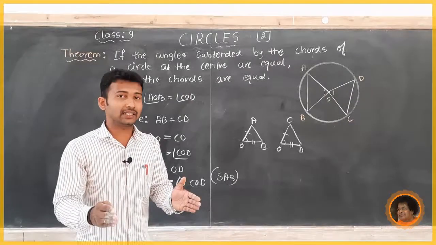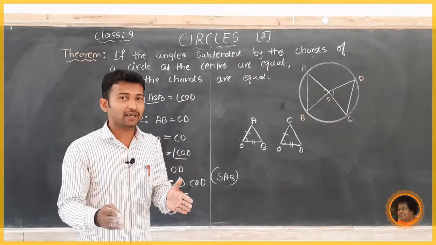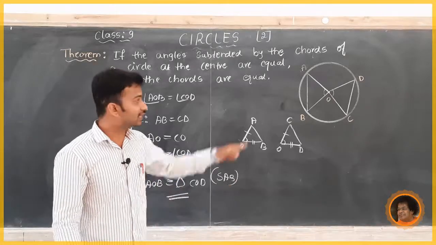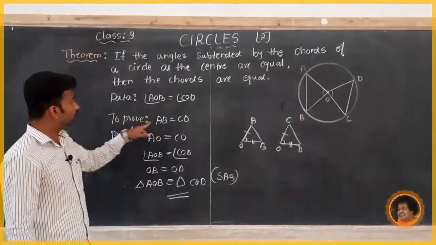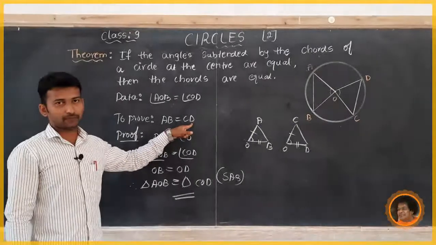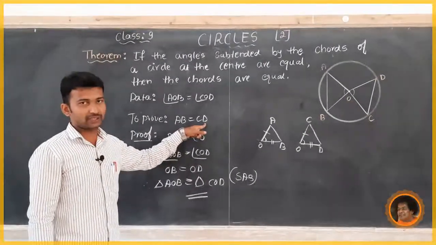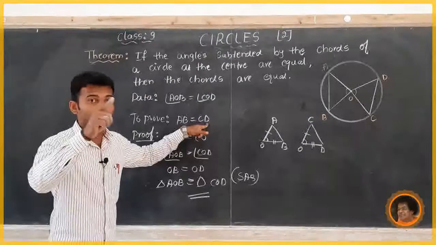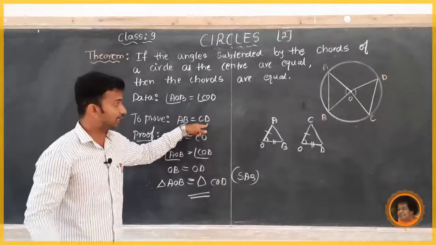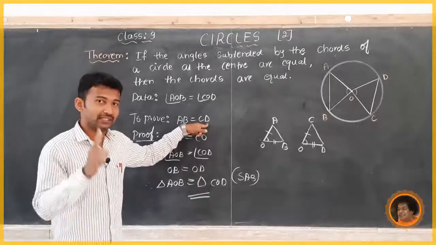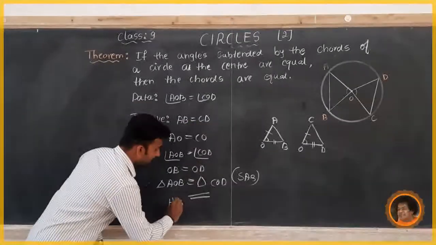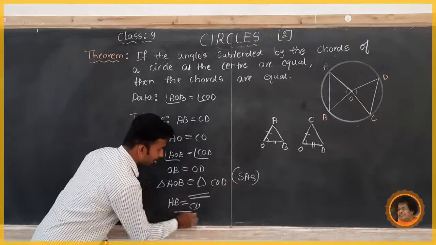What is it that we needed to prove in this theorem? AB equals CD. Is it possible to show AB equals CD? Yes, AB equals CD.